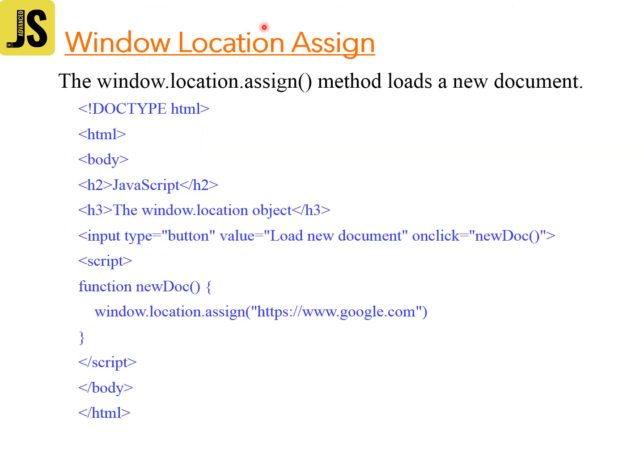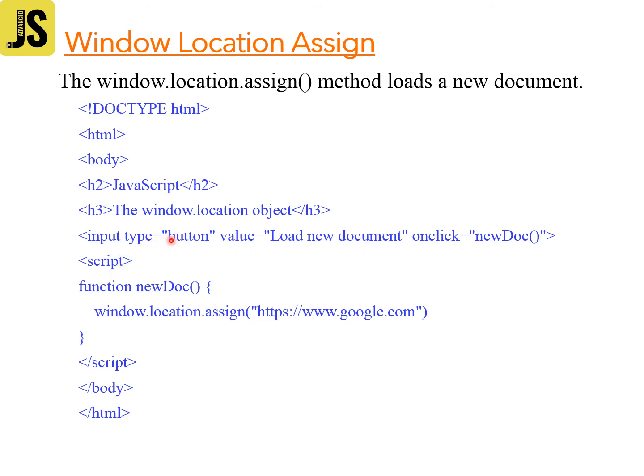The next is window location assign. This method loads a new document. Here the example code is there: the body of the corresponding web page, then a header which contains the value JavaScript, another header which contains the text window.location object, then a button: input type equals button, value equals Load new document, onclick equals newDoc().